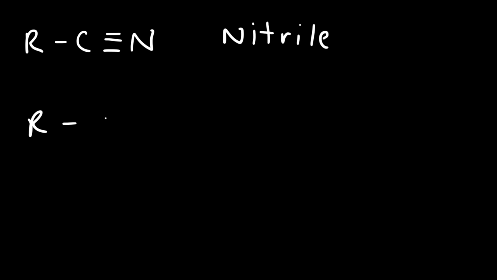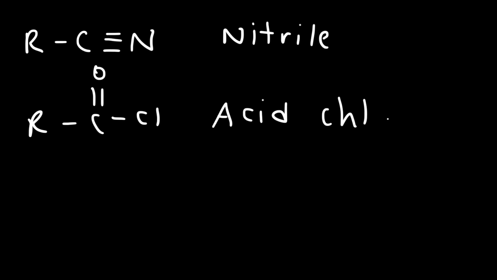Now, some other functional groups that you want to be familiar with is the nitrile. Another one you'll see in organic chemistry is the acid chloride. And finally, another one is the benzene ring, also known as an aromatic ring.